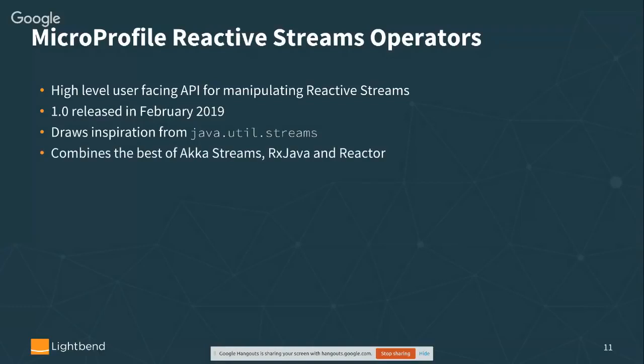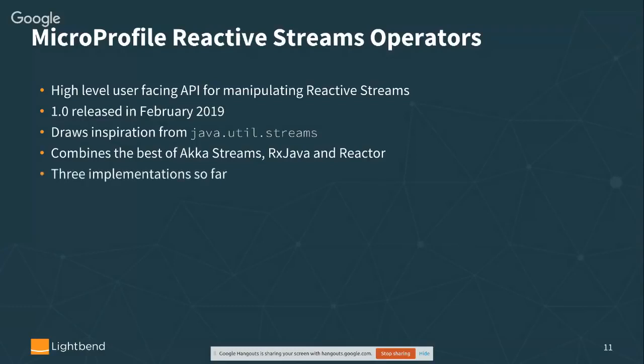Reactive streams, the implementation combines the best of Akka Streams, RxJava, and Reactor. So every feature that we added, we looked at all those 3 popular implementations, and we looked at, okay, what naming convention do they use? What are their edge cases? How do they handle different things? And tried to come up with whatever was common and whatever seemed to fit best based on the experiences of those libraries.